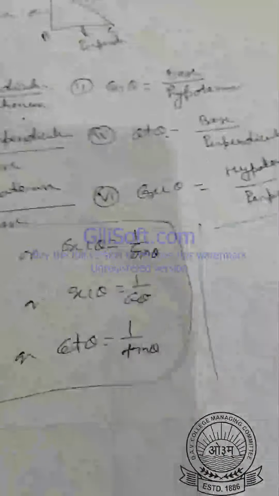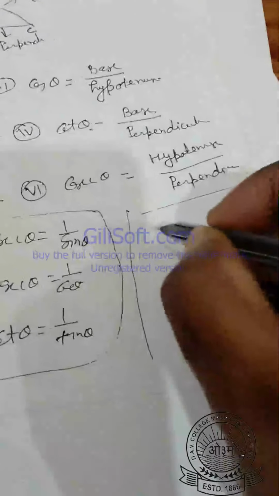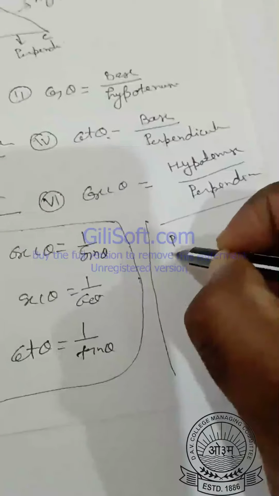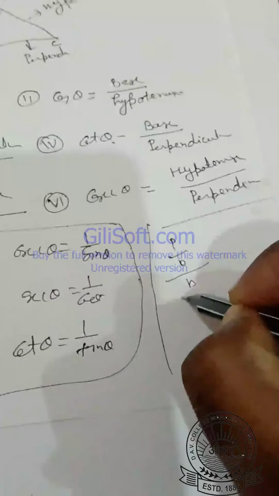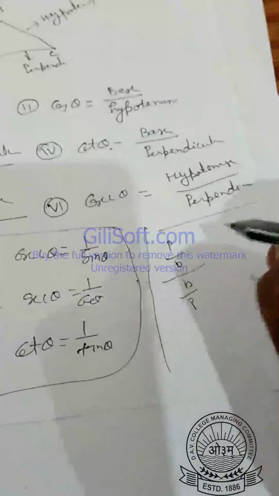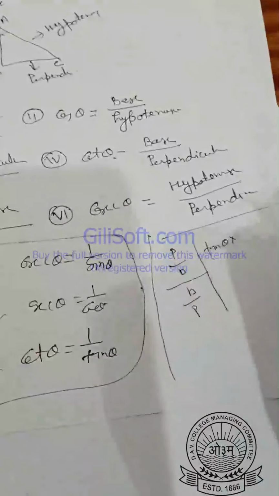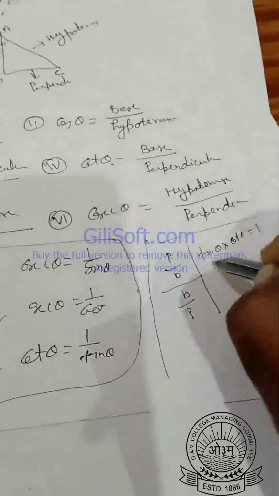Now look here, one thing more. You can make one more conclusion. We know that perpendicular by base, if you multiply by base by perpendicular, you will get 1, means you can write tan theta into cot theta is equal to 1.